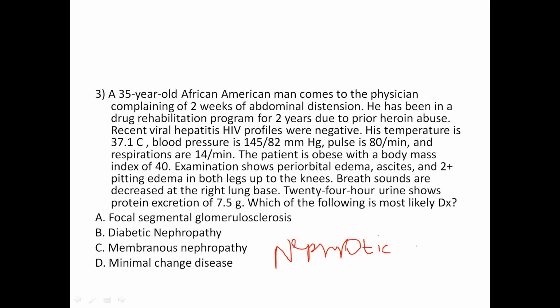This patient has nephrotic syndrome because the patient has greater than 3.5 gram of protein excretion in 24 hours, and this range is called nephrotic range proteinuria.